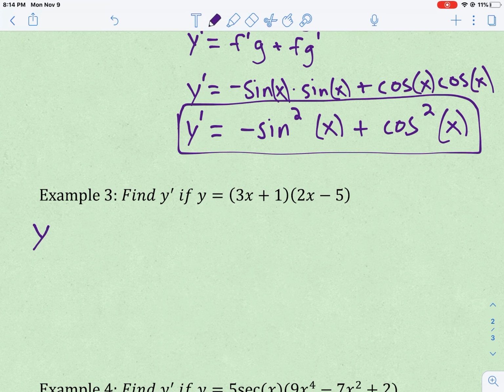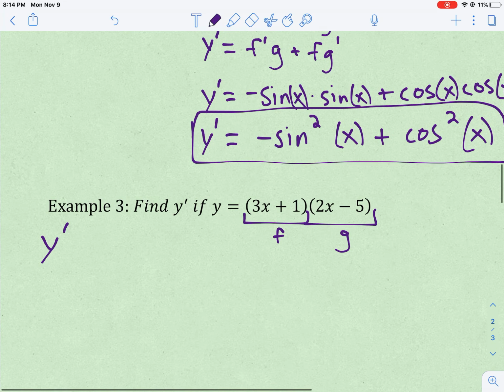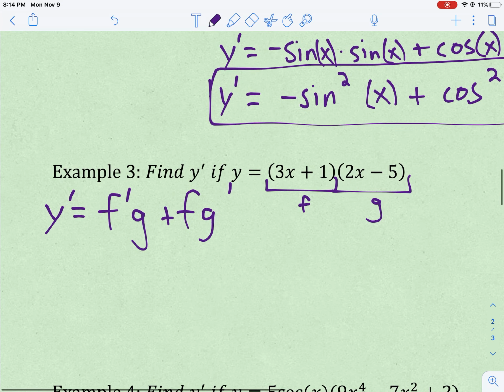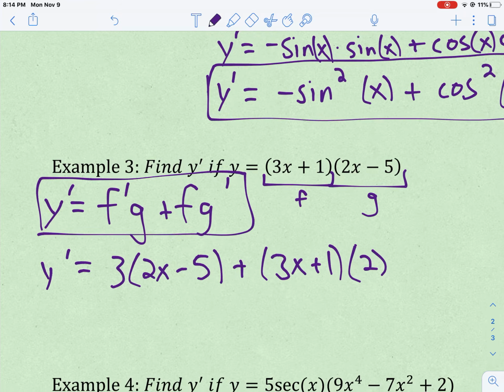So again, let's call this function f and this function g, okay? So y prime equals f prime g plus fg prime. And so we get f prime, 3, times g, 2x minus 5, plus f, 3x plus 1, g prime, which is 2. Okay? Notice I'm writing this rule out every single time so that I can remember it.